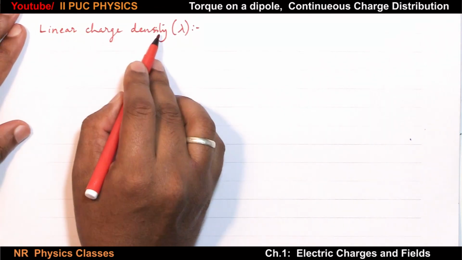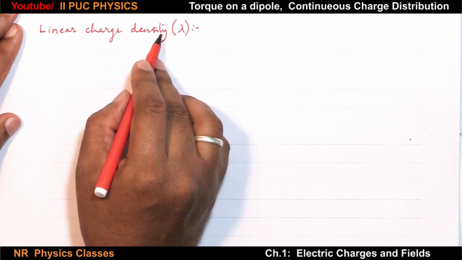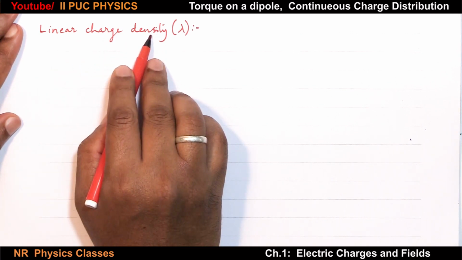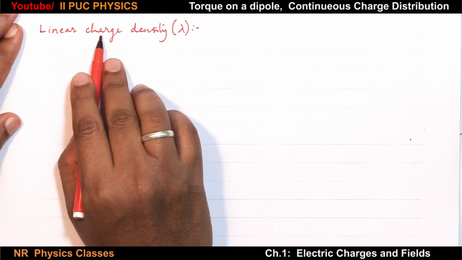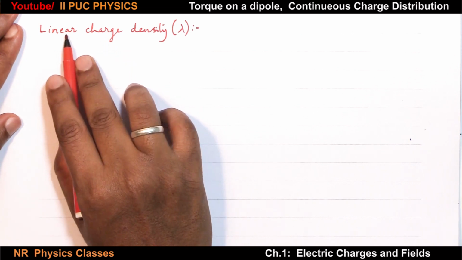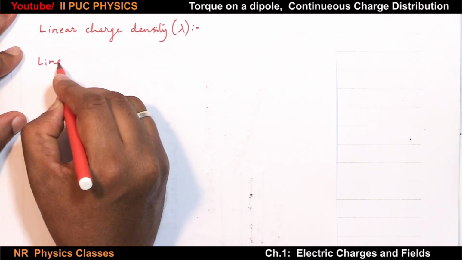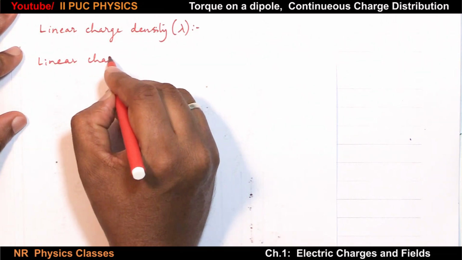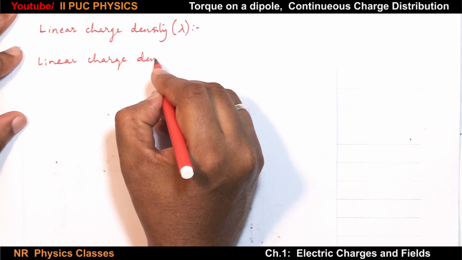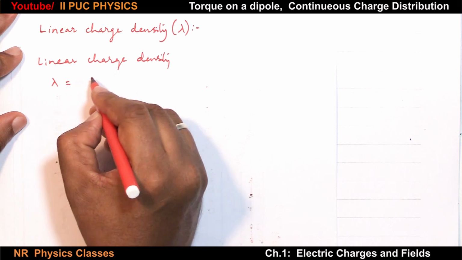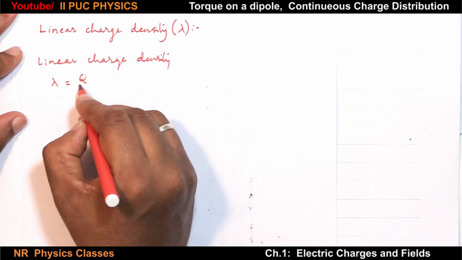Linear charge density. The name itself says linear charge density means charge by length. There are 3 types. Linear charge density, let us denote that by lambda, equal to charge by length.